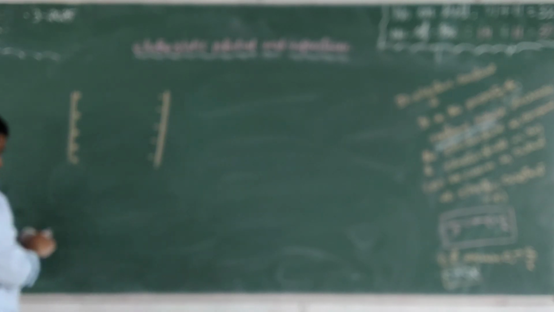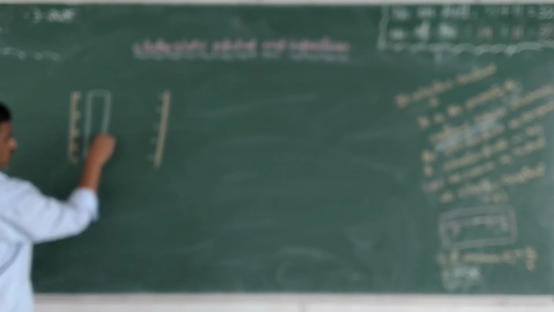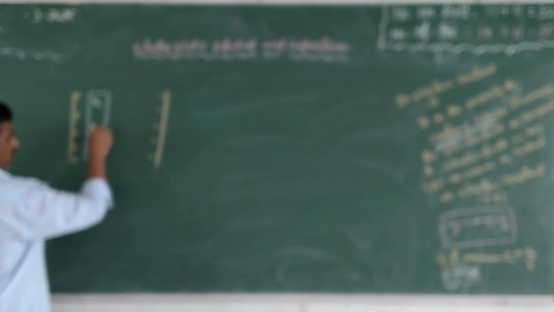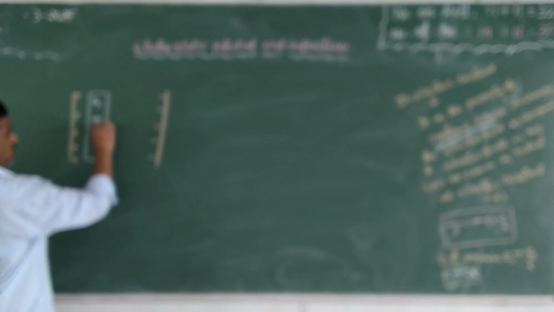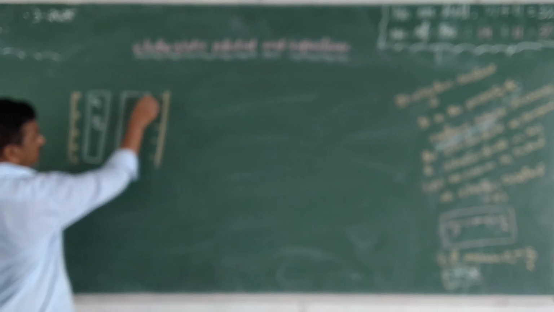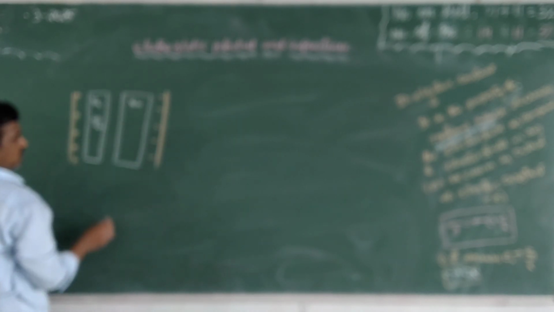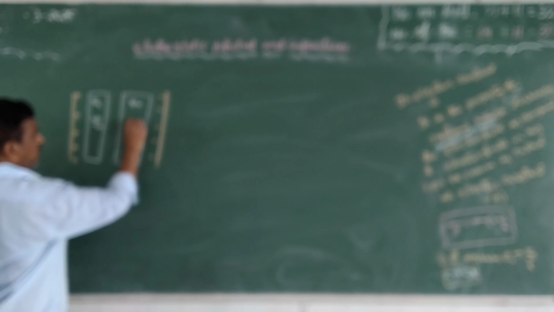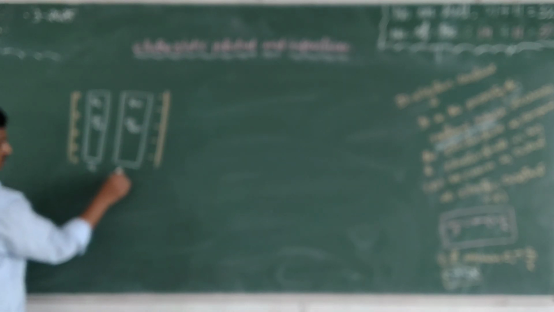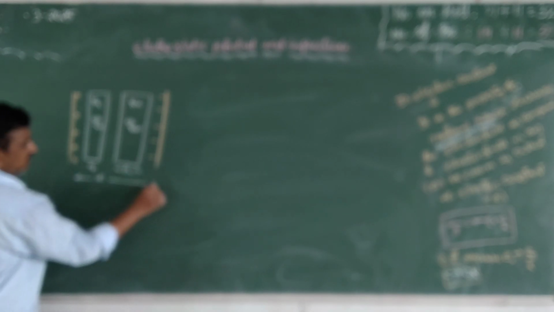Two plates are placed, and two dielectrics are placed. One has dielectric constant k1, so electric field is E naught by k1. Another dielectric has constant k2, so electric field is E naught by k2. Its thickness is t1, the other thickness is t2. Total is d.